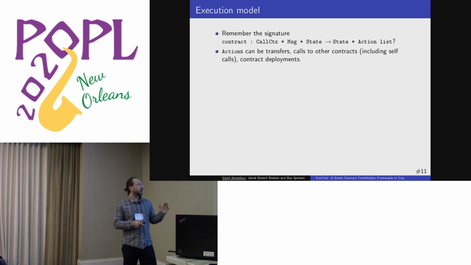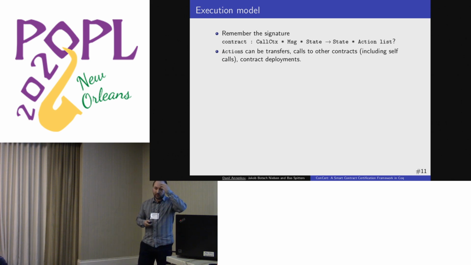So now a little bit about the execution model. Remember I said the contract is roughly a function with this signature, and it produces a state and a list of actions. I haven't said much about this list of actions. These actions can be transfers, calls to other contracts, and maybe even contract deployments.